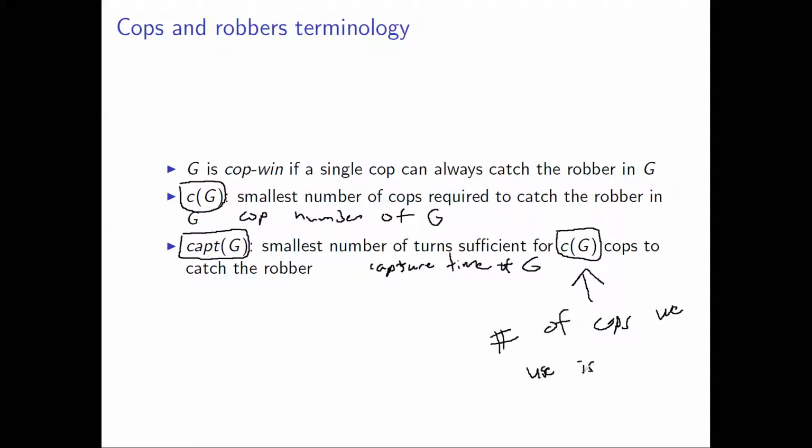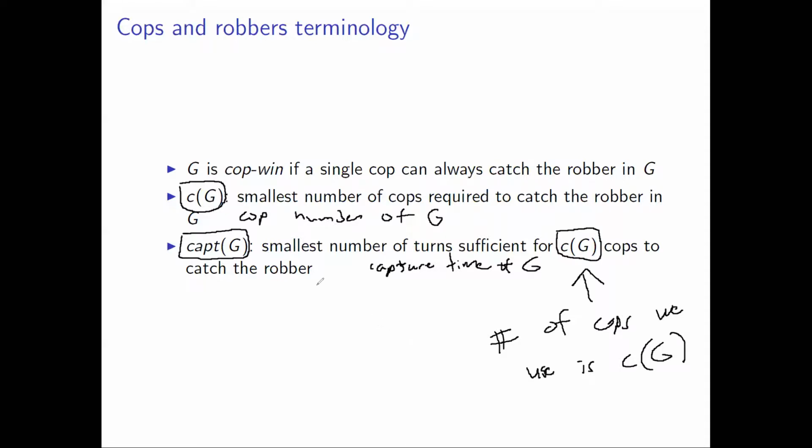And different graphs have different Cop numbers. So when we talk about the capture time of one graph compared to the capture time of another, we might be using completely different numbers of cops on each of those graphs. And we're going to see some examples of this on the next few slides.